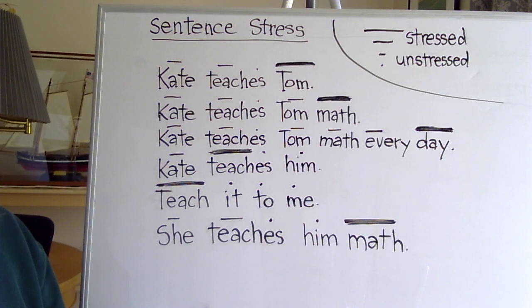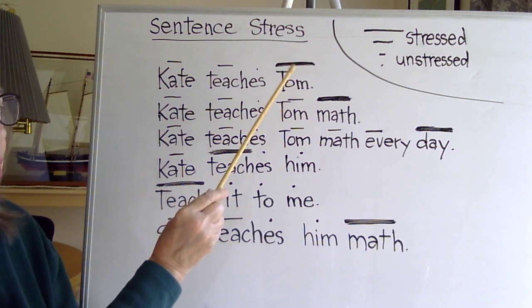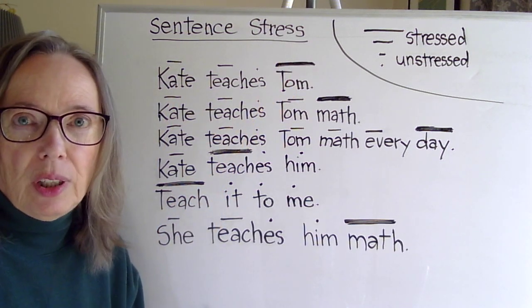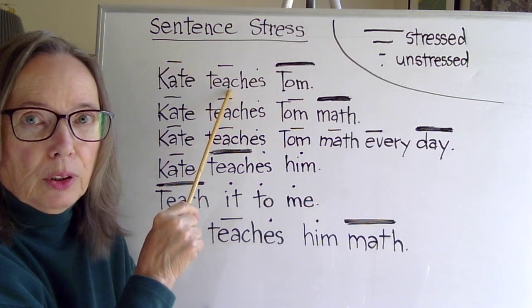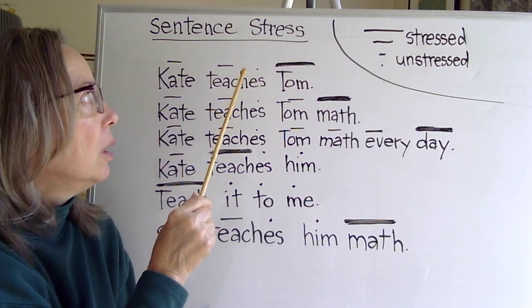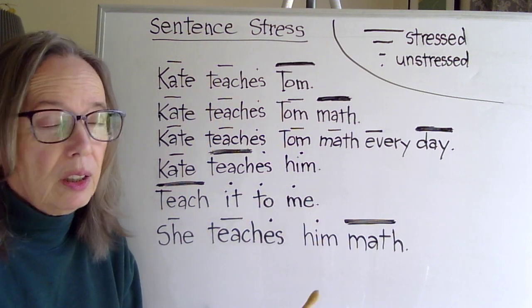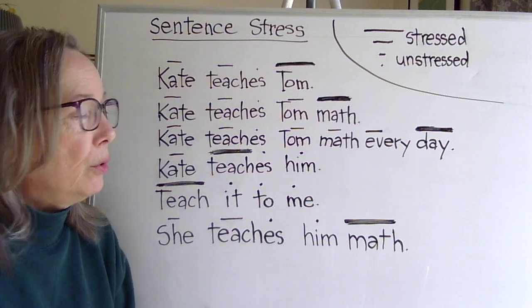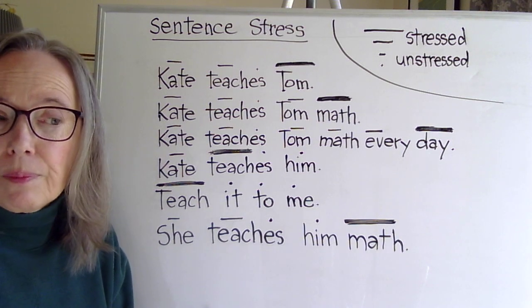Kate teaches Tom. Here we have 2 names, and so these are nouns. And then we have a main verb. And the main verb has 2 syllables. The first syllable is the strongest syllable, and the second one is a reduced syllable. Kate teaches Tom.